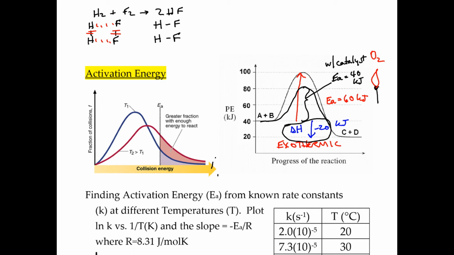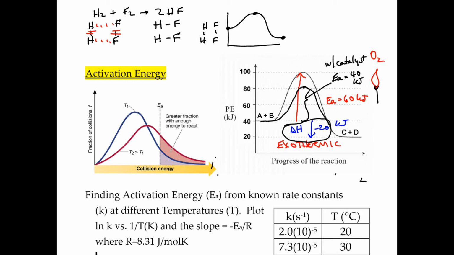So let's redraw that over here and see what that would look like on a potential energy diagram. So you have your start, you have your activated complex here, and you have your ending. I'll draw it as an exothermic reaction. All right, so over here you have your H and your F separated from one another.